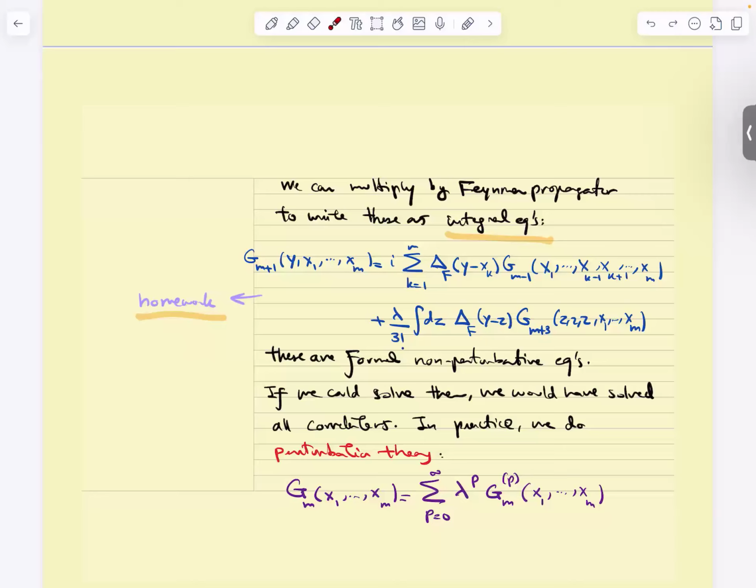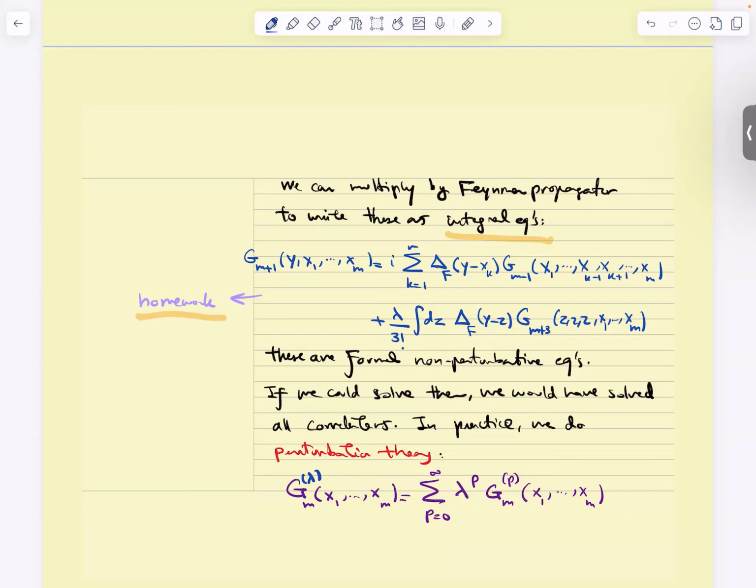These admit a series expansion, Taylor expansions in lambda. That's what perturbation theory means. These functions are analytic functions of lambda. Expand, Taylor expand. We're going to derive perturbation theory this way.